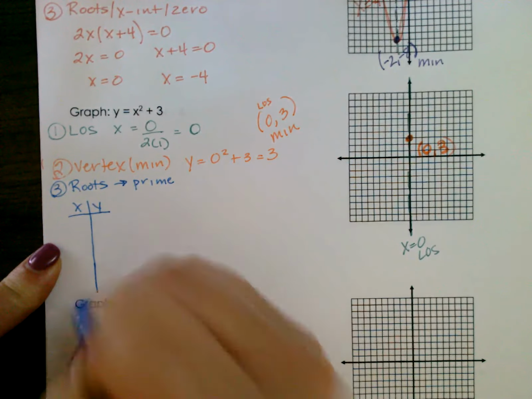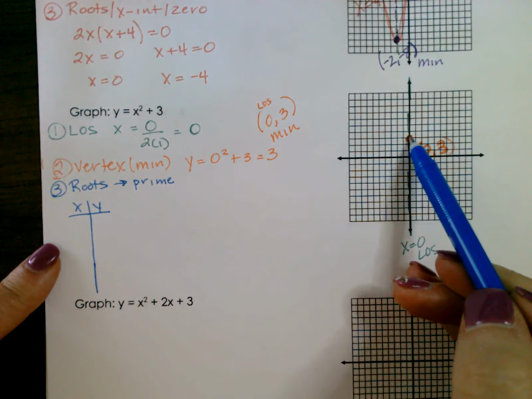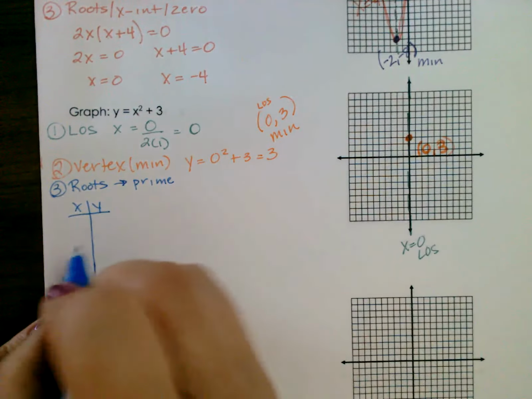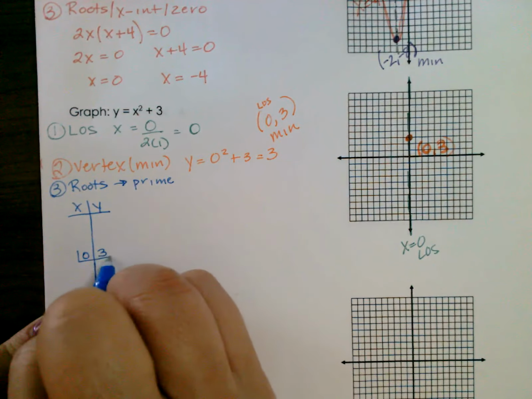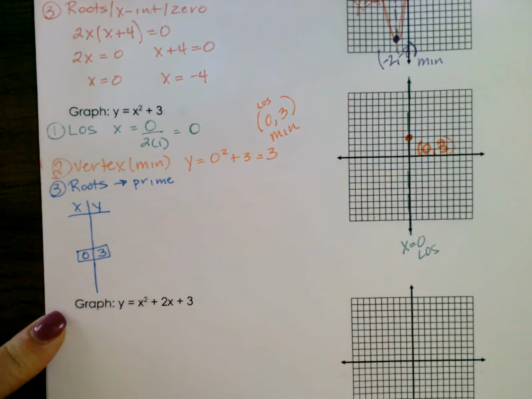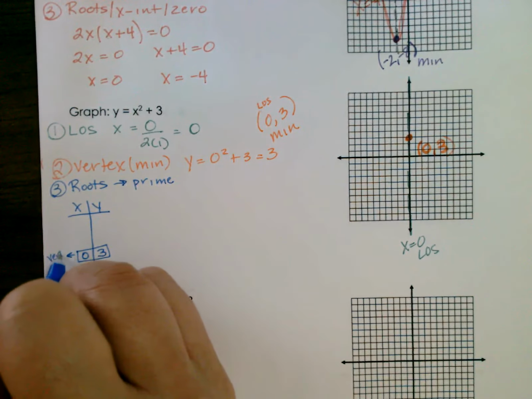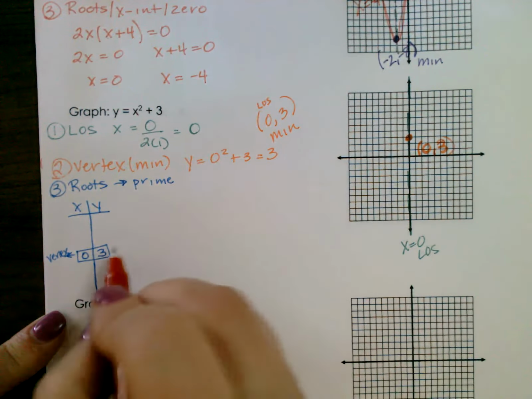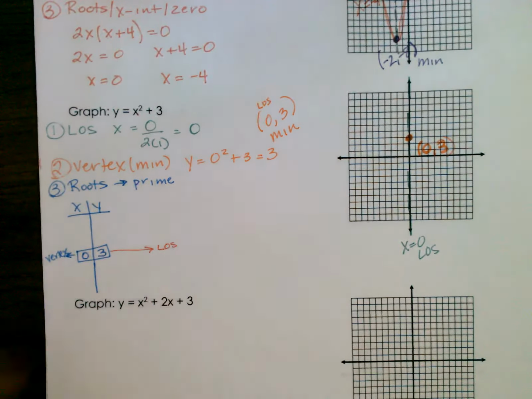Kind of not my favorite thing to do. One thing I know, this is the vertex. This is the middle of the parabola. So I'm going to put the ordered pair (0, 3) right in the center. That's my vertex. That's the middle, the center of the parabola. The 0 is our line of symmetry. That's the folding point.